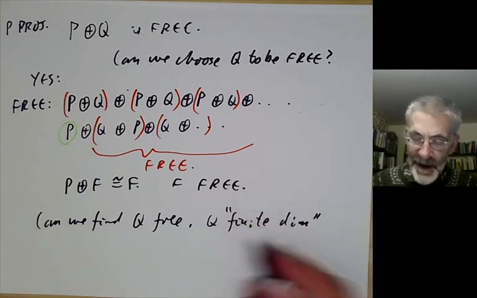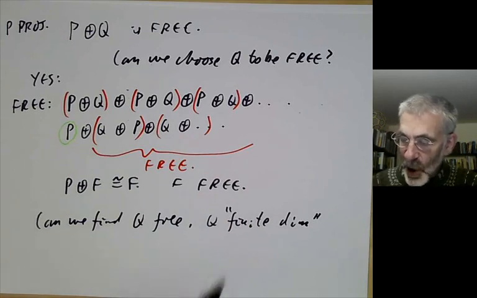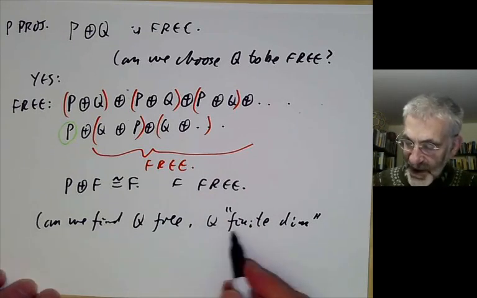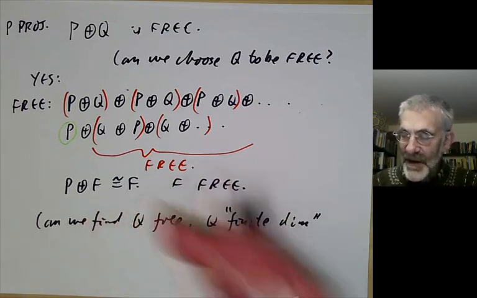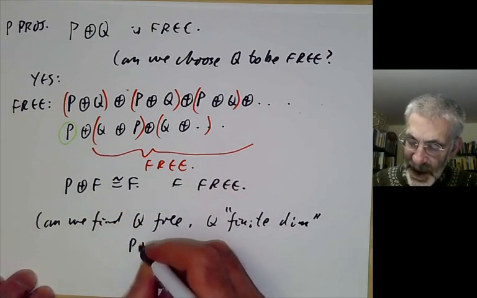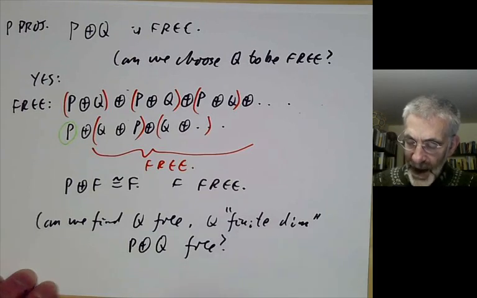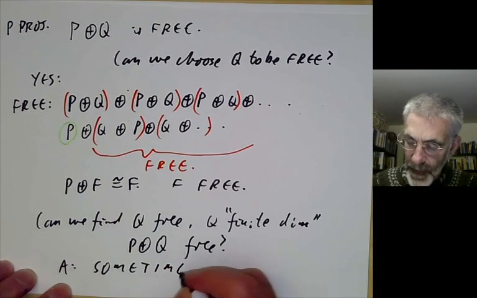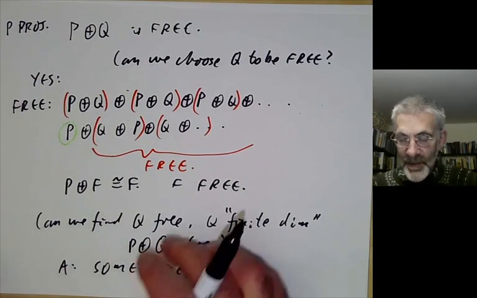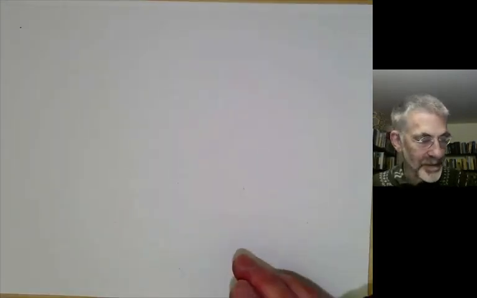I haven't actually defined what finite dimensional means for projective modules, but it's mostly obvious what this means in practice, so we won't worry about that. So I want Q to be not infinite dimensional, such that P plus Q is free. And the answer is sometimes. I'm going to give two examples, one where you can do this and one where you can't.